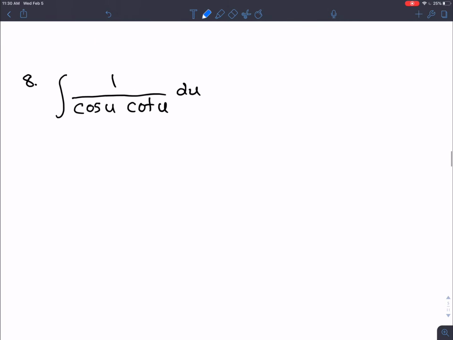So we have a trig function here, and we're going to try to simplify this just like with most trig functions. You try to rewrite it in terms of something that we have and something that we know.